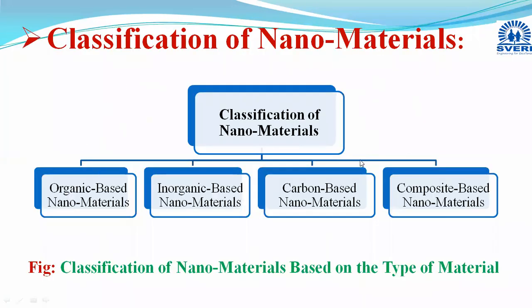Okay, first we will discuss the classification of these nanomaterials based on the type of material. In different ways we can do the classification of nanomaterials. Now classification based on the type of material can be done in four categories: organic based nanomaterials, second inorganic based nanomaterials, third carbon based nanomaterials, and fourth composite based nanomaterials.